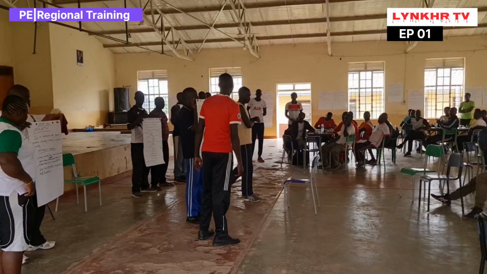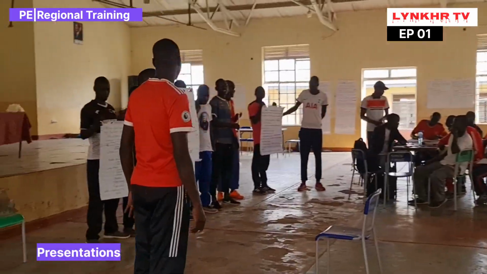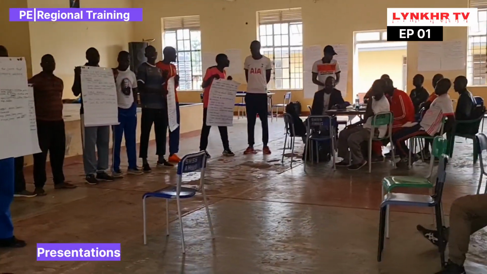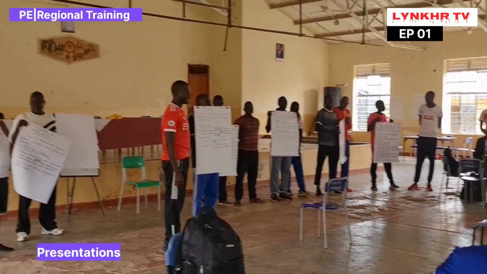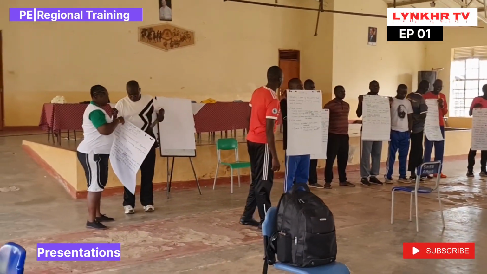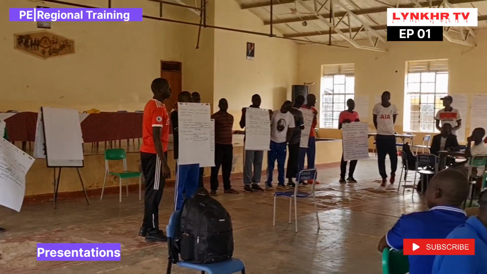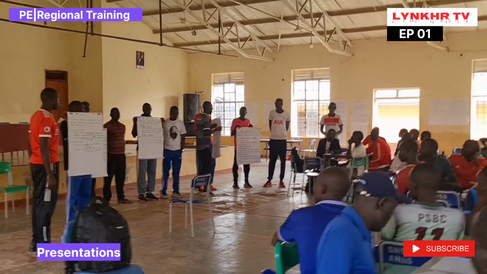By the time you came up as a group, we defined athletics as one of the sports that involves running, jumping, walking, and throwing. That was our definition. Therefore, we went ahead and discussed the types of events we have in athletics.